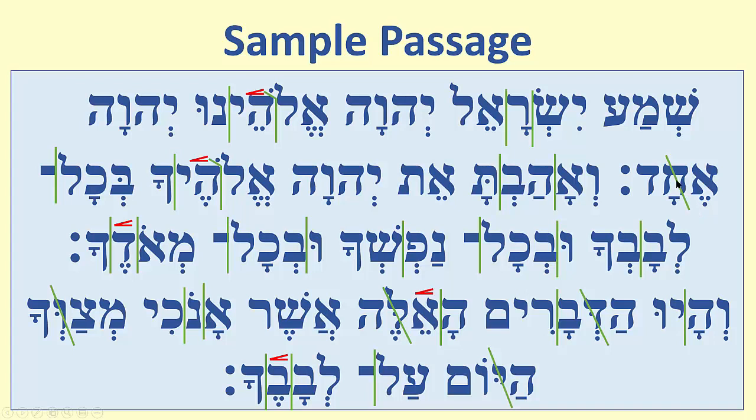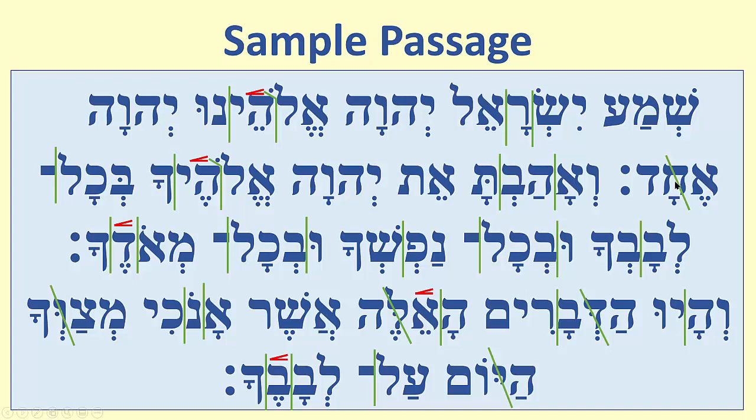It cannot show up in guttural letters. There should be a Dagesh in this chet to grammatically double it. So one chet is closing the first syllable and one chet is starting the next syllable. But because this guttural chet cannot take a Dagesh, it doesn't show up.